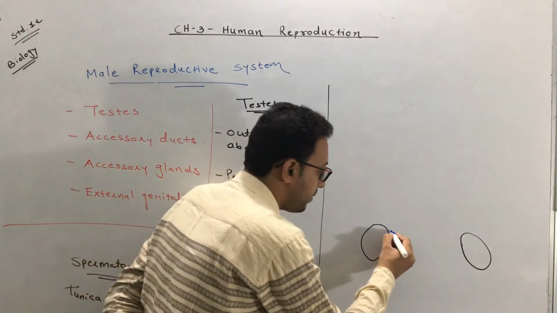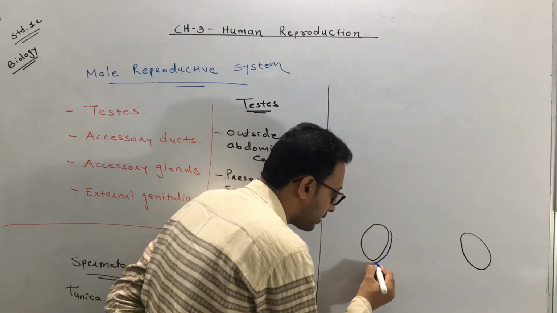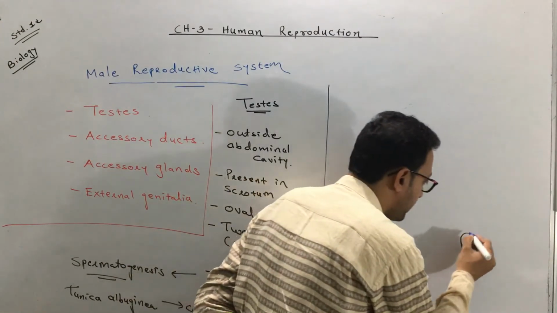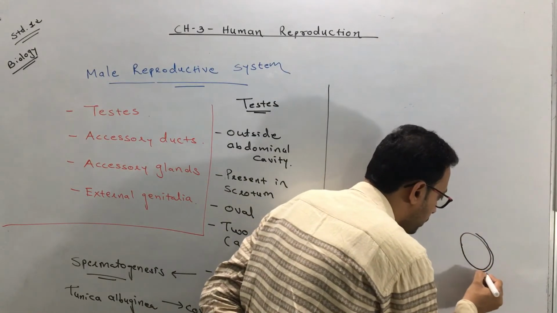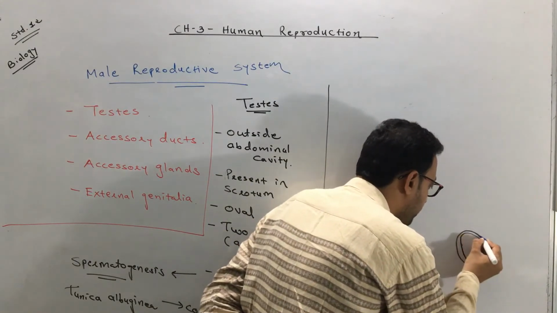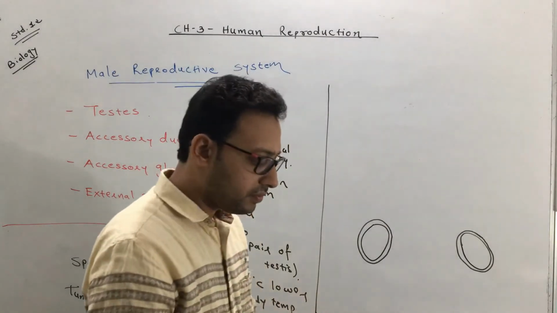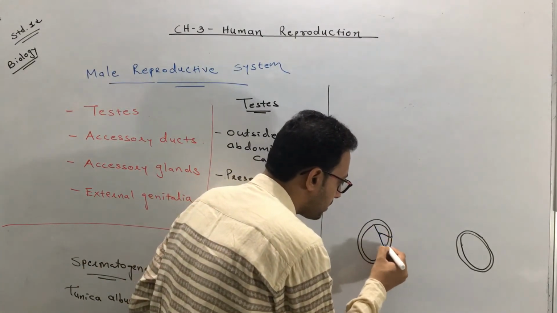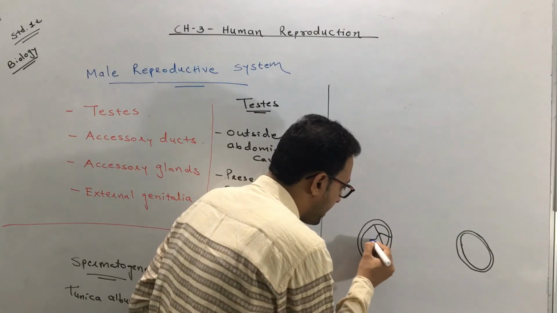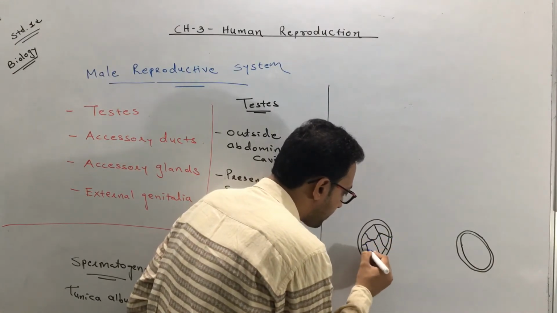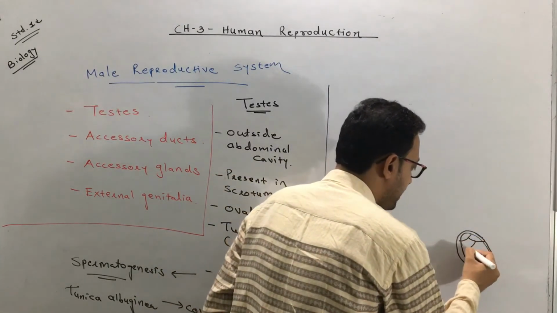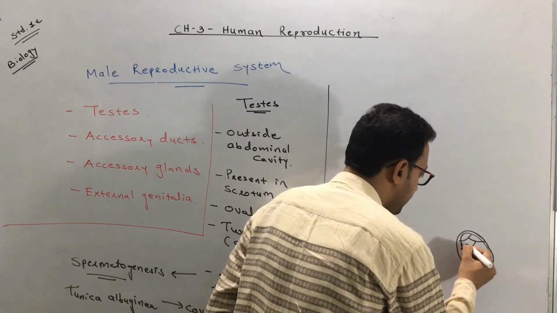Okay, so they are surrounded by the covering. Each testis has its own covering, and this covering is called a Tunica Albuginea. Now, this covering extends inwards and forms many lobules inside it. How many lobules? There are many lobules present inside it.